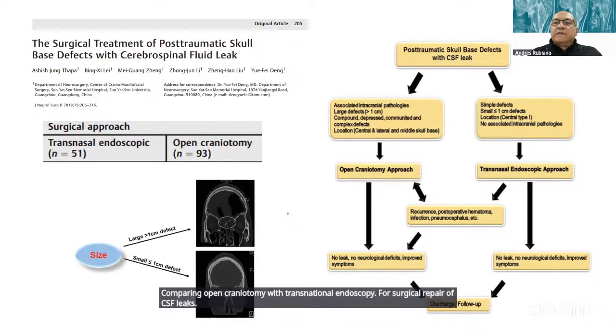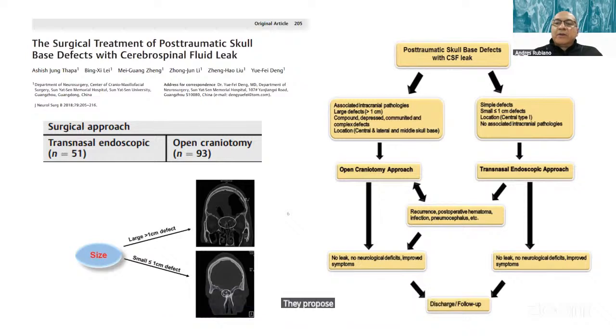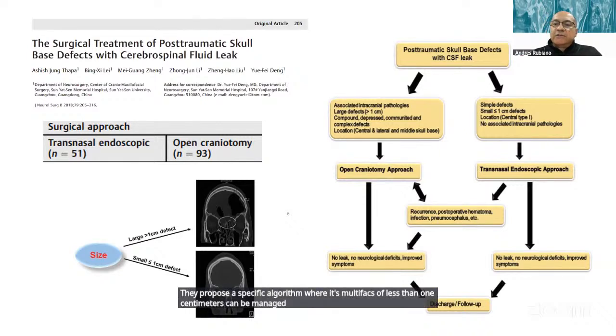They propose a specific algorithm where small defects of less than 1 centimeter can be managed with the transnasal endoscopic approach. And when these defects are larger, more than 1 centimeter, they suggest going for open craniotomy.